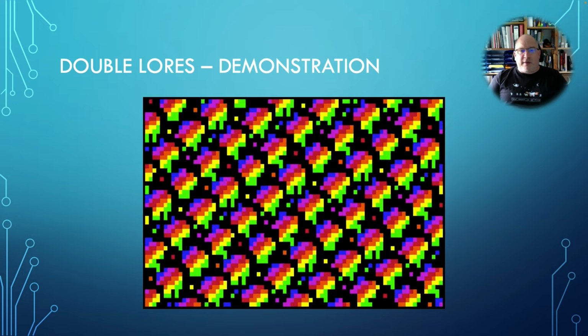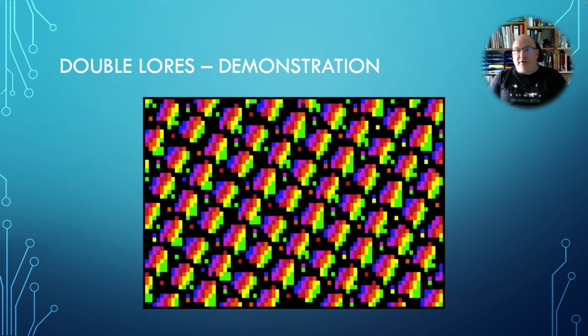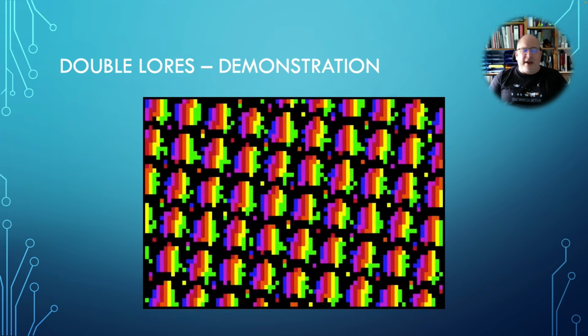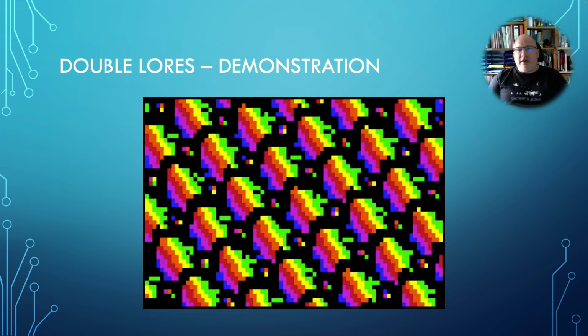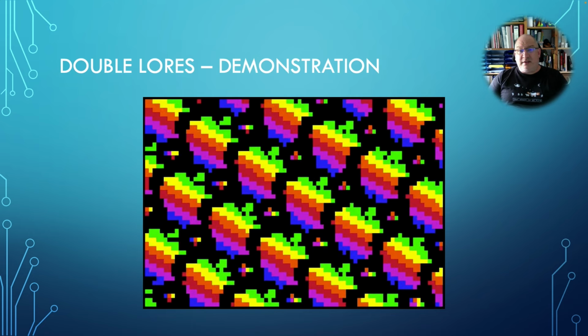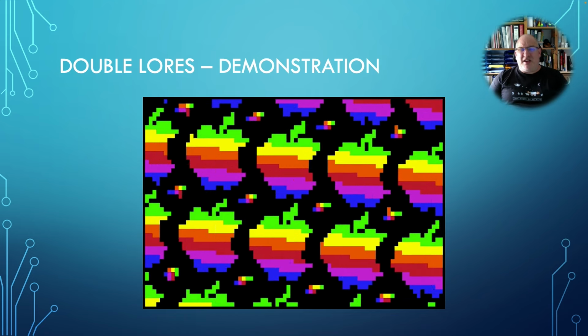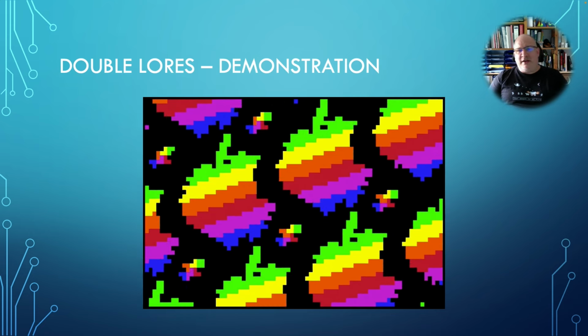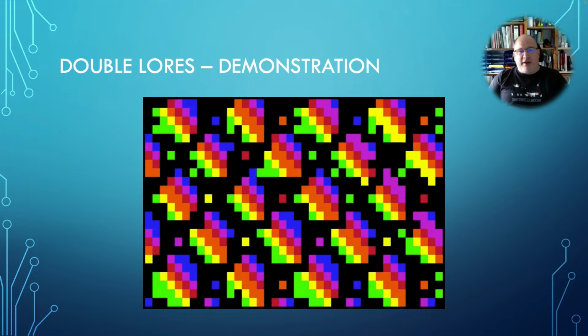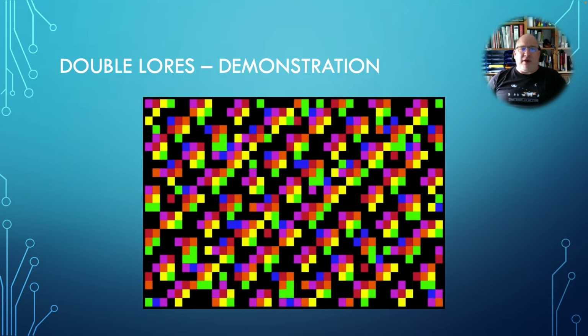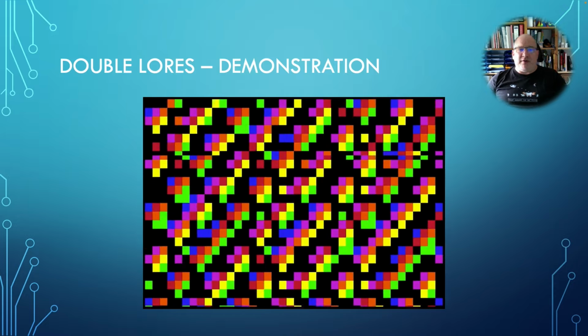And of course, the algorithm is much slower because the number of cycles needed to produce these graphics in double low-res is times 4, because we double the pixels here in X and in Y direction to make the picture look more fine. And this is back to normal low-res. You can see how coarse the picture gets.